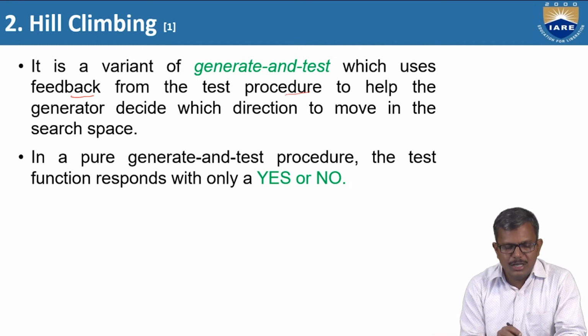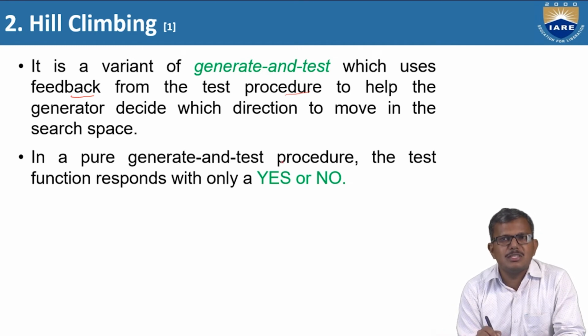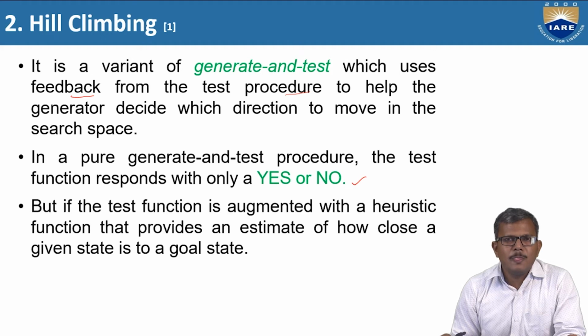In most cases, a pure generate and test procedure gives responses in terms of yes or no, whether I can select this node as the next node or not. If it is yes, it simply says yes. If it is no, it simply says no.